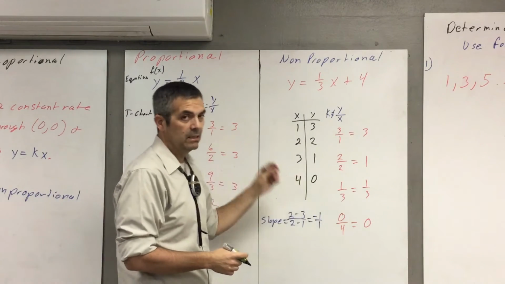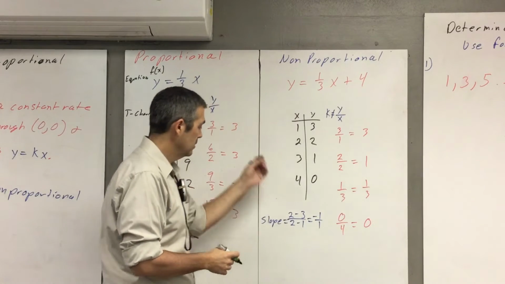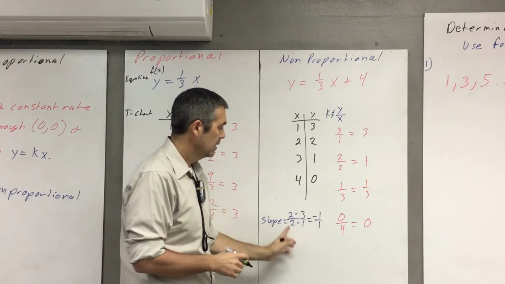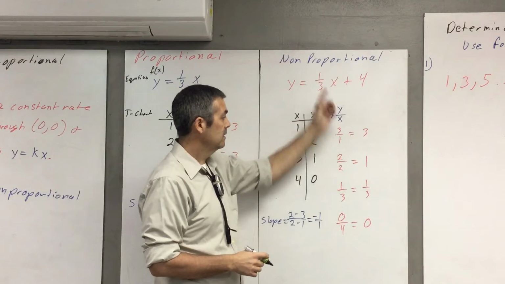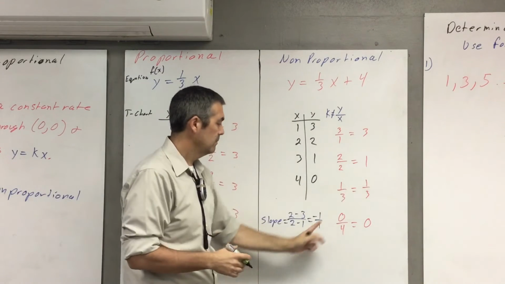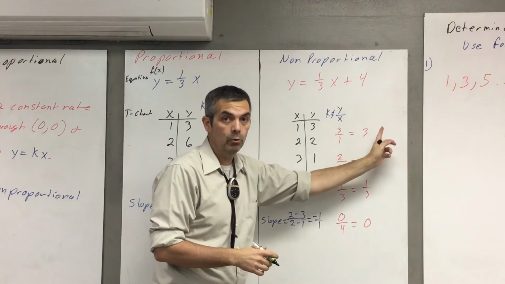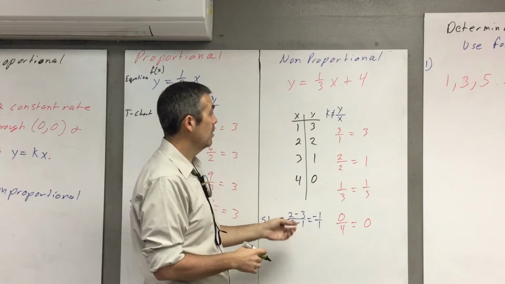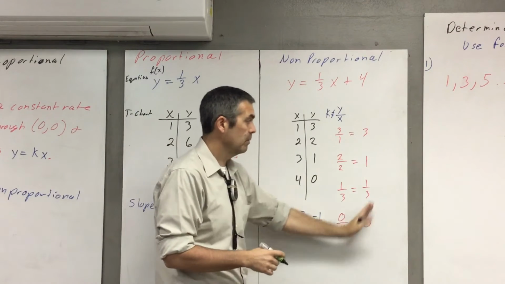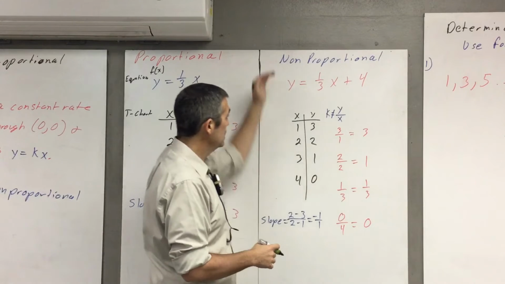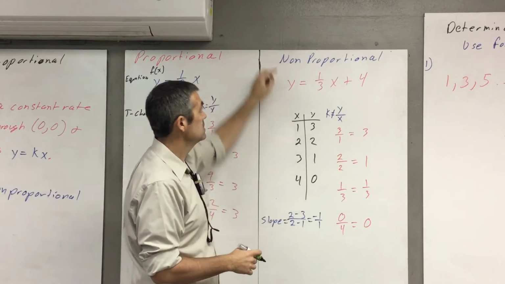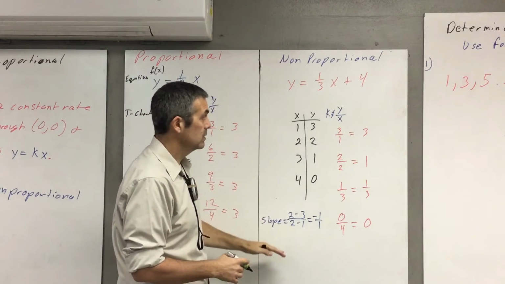That tells me immediately this is non-proportional. And then look, I did my slope formula and I didn't get the same thing here. Notice here, it was the same, but it wasn't the same all the way through. It's going to be the same all the way through when you have a proportion. So this t-chart is non-proportional. It doesn't work this way.